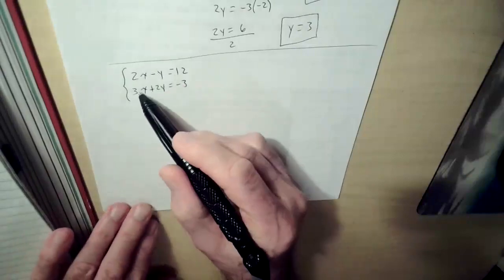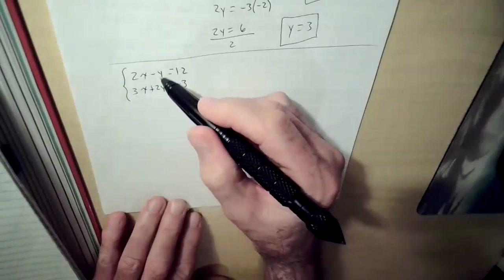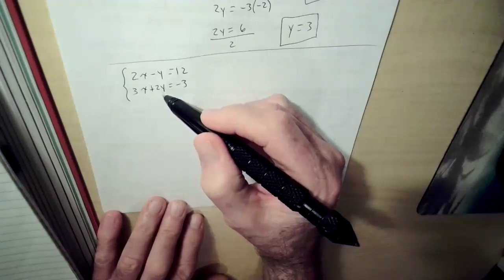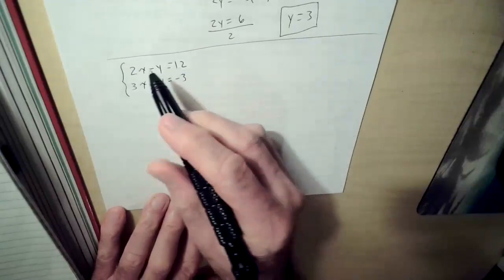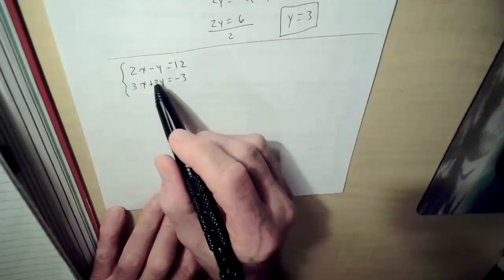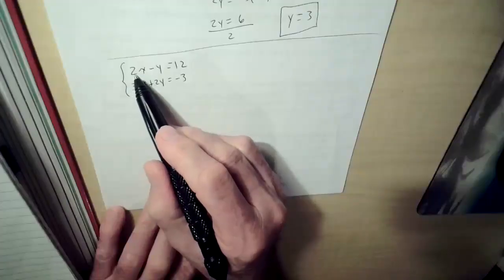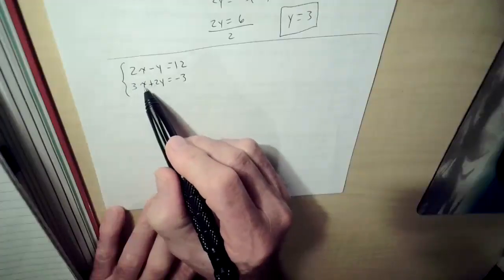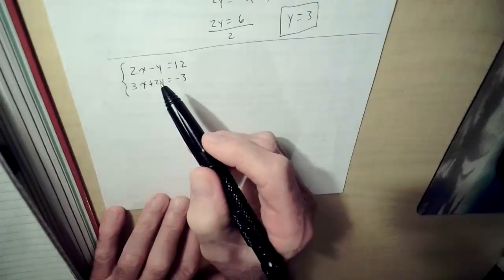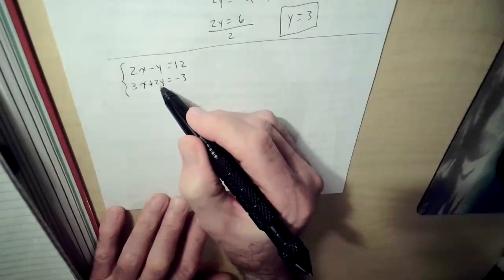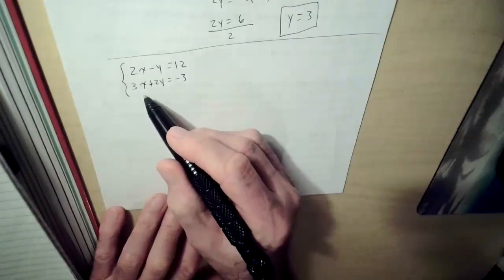Okay. You look, if we added these together, we get 5x. If we added these together, we would get 1y. So what we're going to have to do is multiply the top or the bottom by something that will give us the opposite.